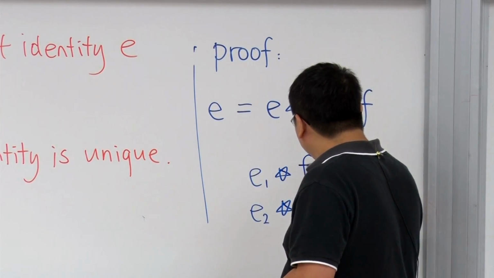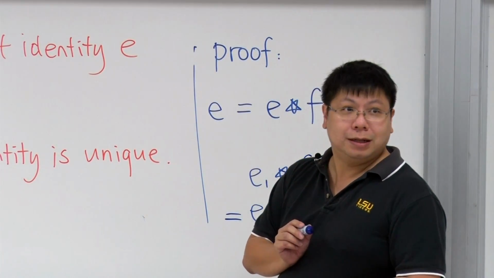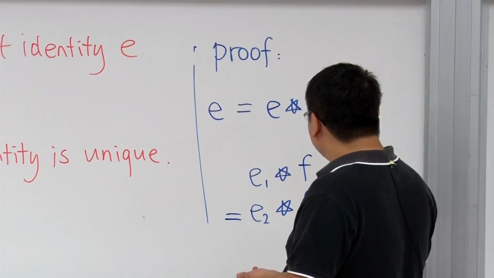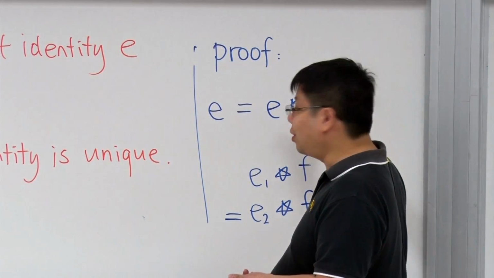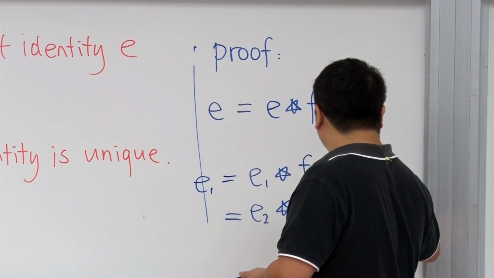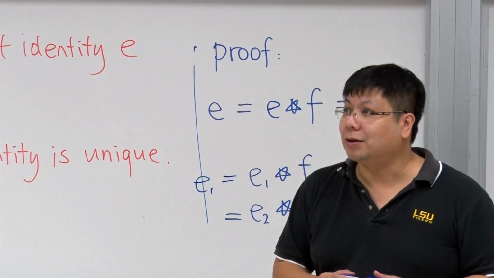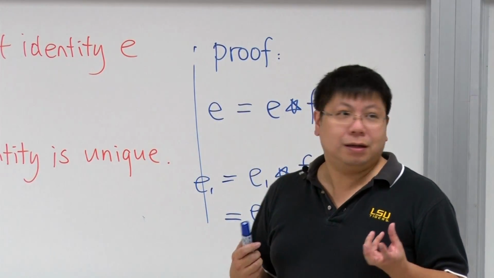So if they operate on F, they have to be the same, right? In that case, F is a right identity, that we have just shown. So this is going to be equal to E1, and this is going to be equal to E2. Is that okay?